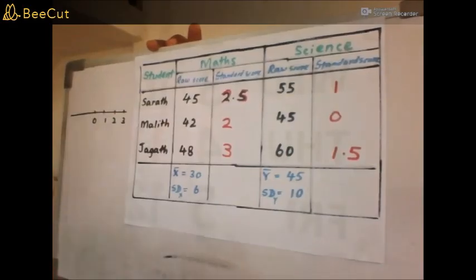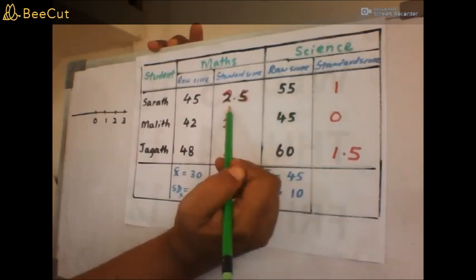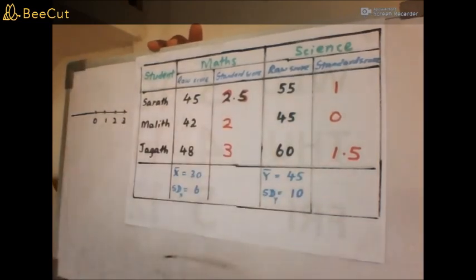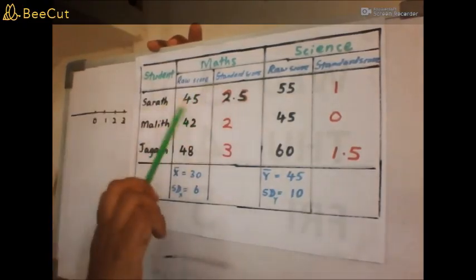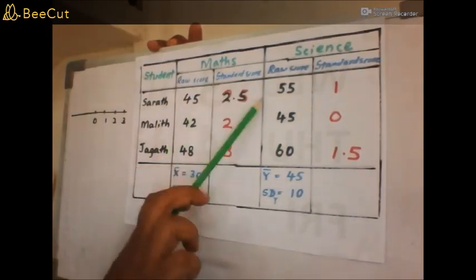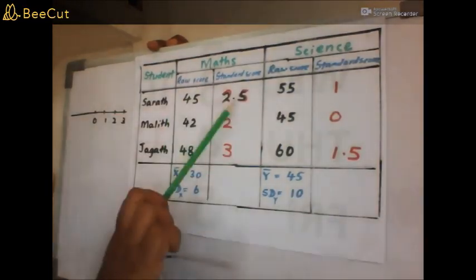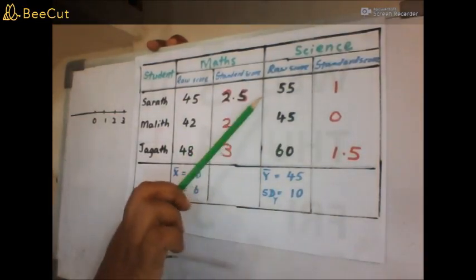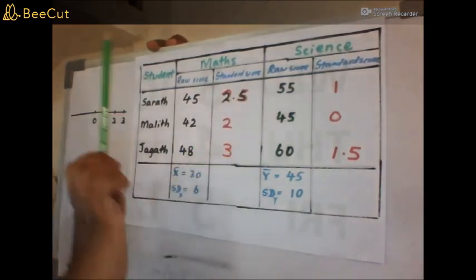But when we consider the standard marks, 1 for science and 2.5 for maths, we can see that he performed better in maths than in science. When we compare the raw marks, we can say he performed better in science. But when we consider the Z scores, he has performed better in maths within his group.